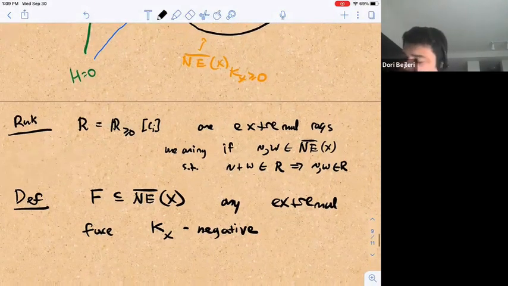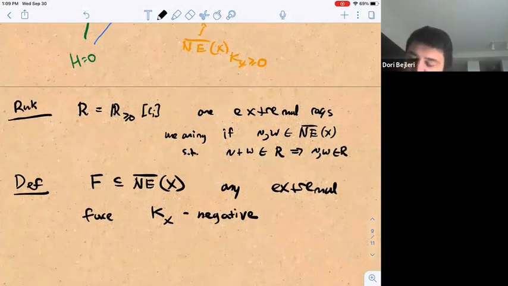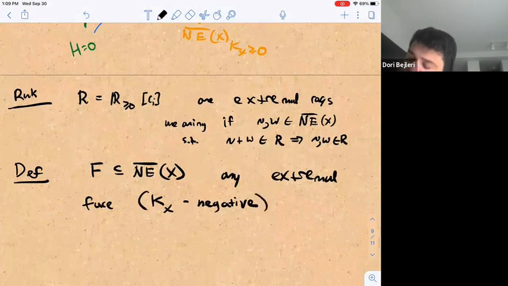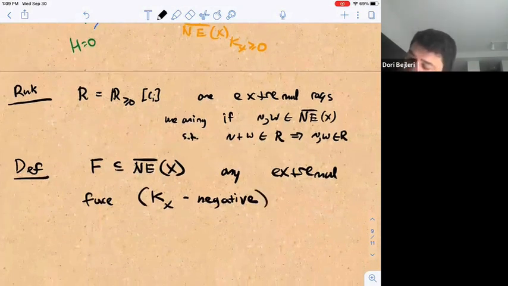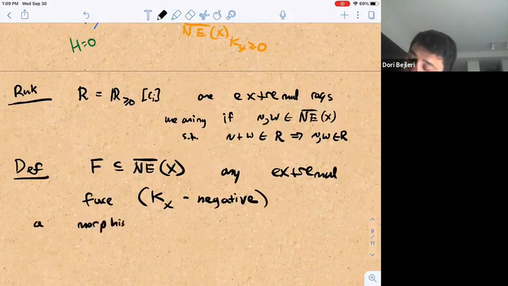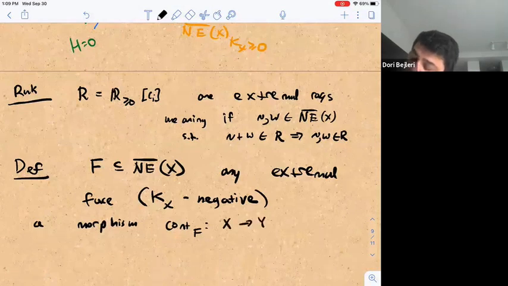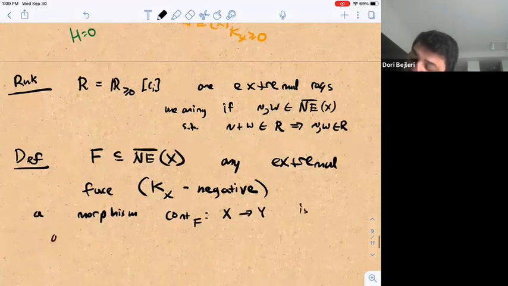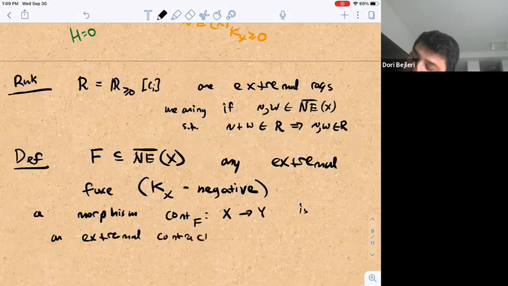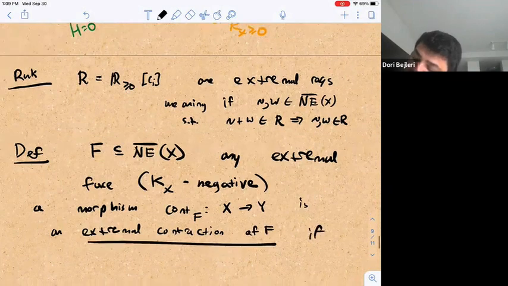I guess for this definition, I don't need to assume KX negative, but we're only going to have the existence of these things I'm about to define in the KX negative case. But it's okay, I'll leave that here for now. Then a morphism f from X to Y is called an extremal contraction of F if it satisfies two properties.